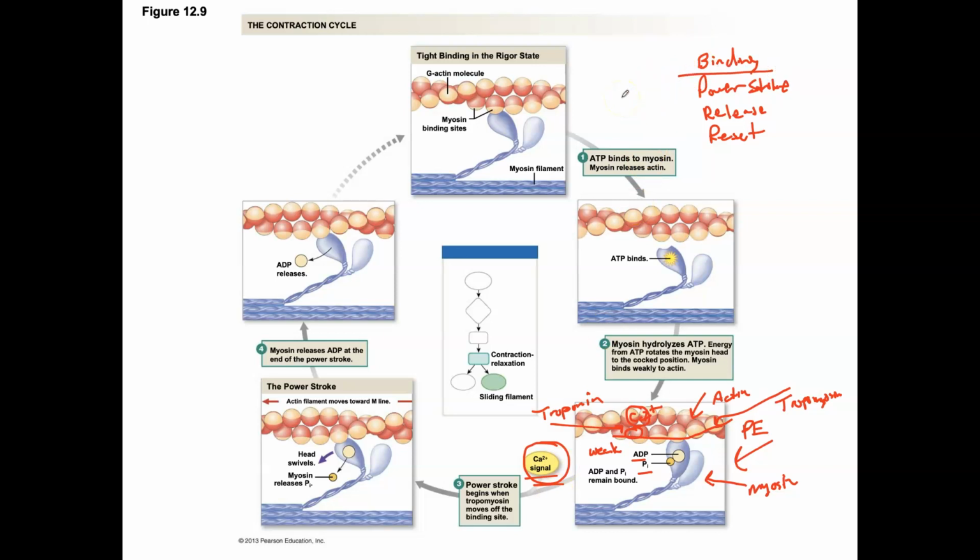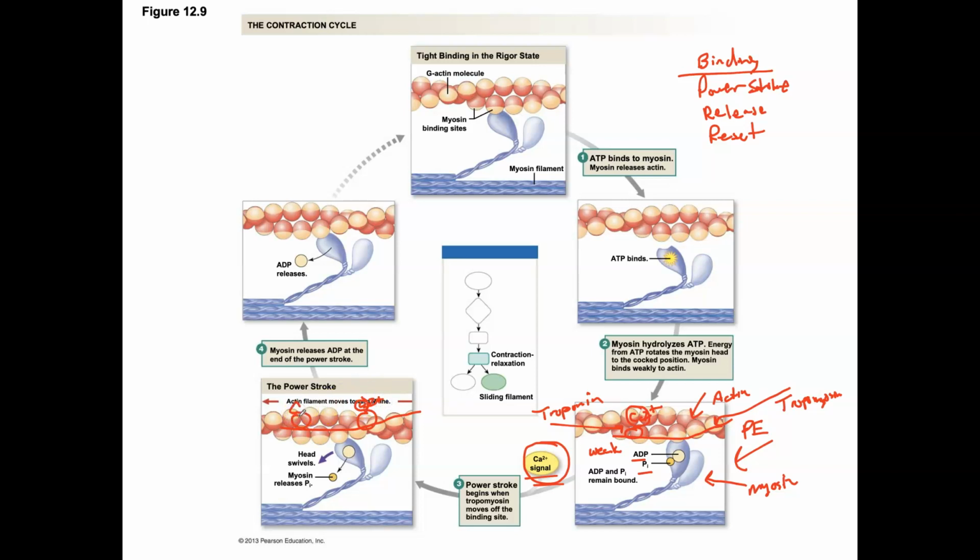Once tropomyosin is moved and the myosin head attaches to the actin protein, you can move on to the power stroke step. If we look at this new figure here, we have tropomyosin moved out of the way. Here's our troponin protein, and we can have troponin in several locations, and calcium is attached to the troponin.